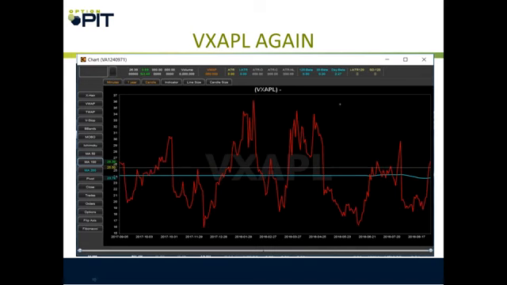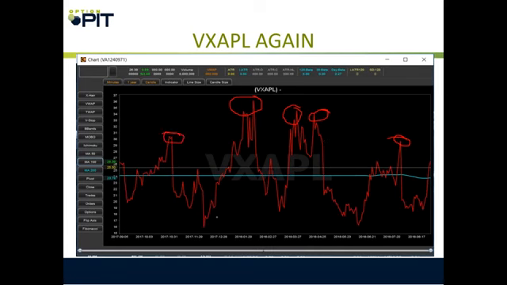All right. So let's think about it again. When are the times that I would not want to buy in Apple? I don't care if this is before earnings. This is probably not going to win. These spikes, if you will.